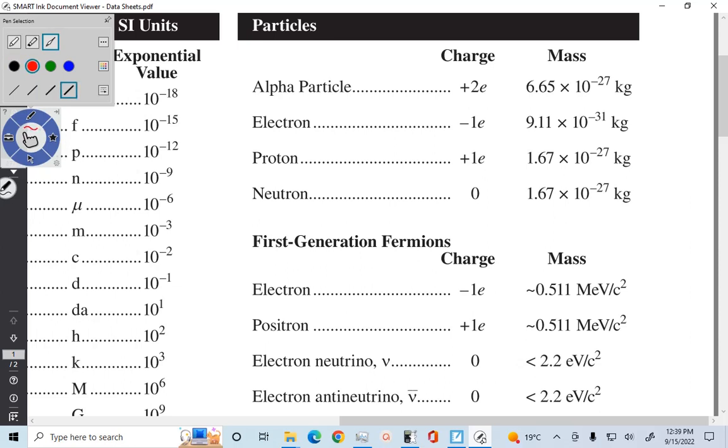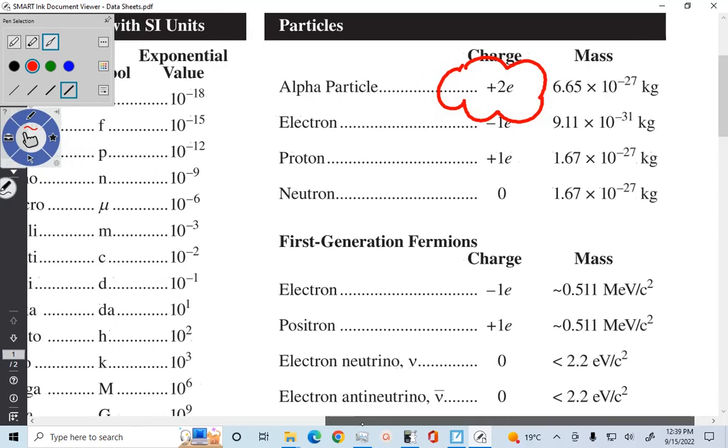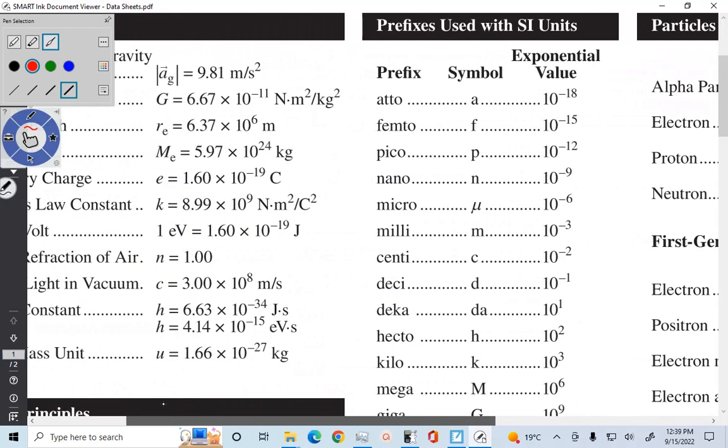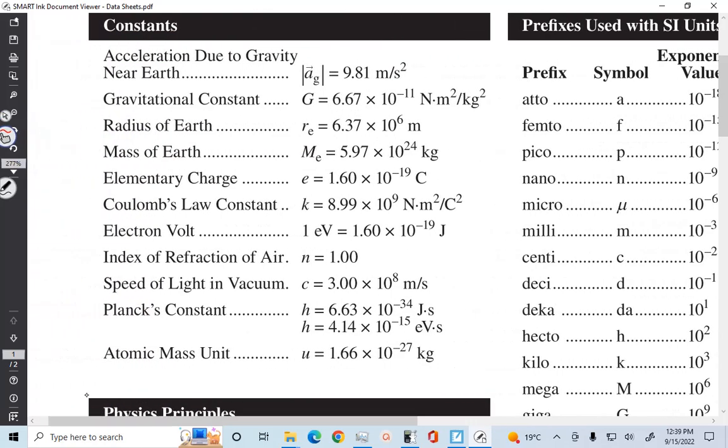You can see the charge of an alpha particle is given as positive 2e. And if you glance your eyes over to the constant side, we talked about this a couple of times over the past couple of days. The elementary charge is lowercase e.